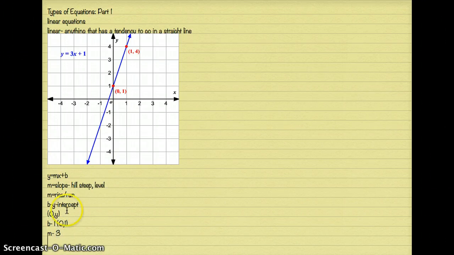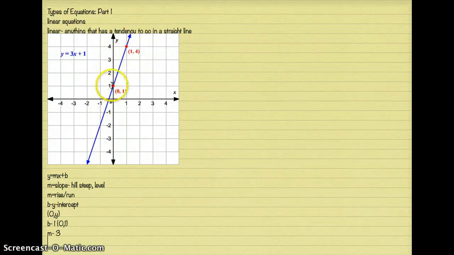But how did they know that? They started with the y-intercept, and they figured out how far up they had to go and how far they had to run in order to get to the next coordinate on the line. For example, you pick any coordinate on this line, usually one that fits specifically on a general coordinate, and then you can figure it out from there.